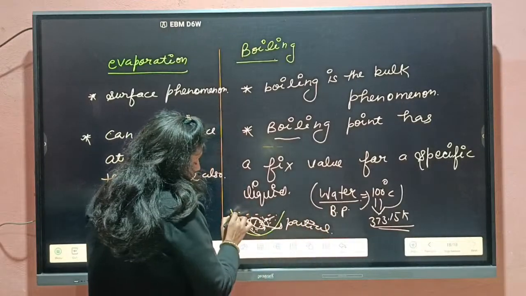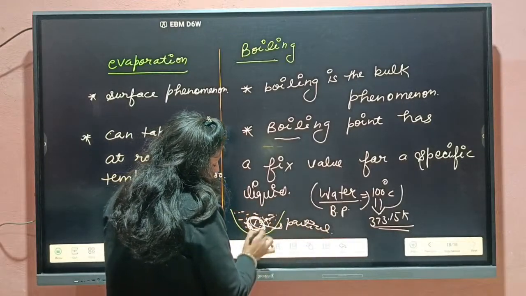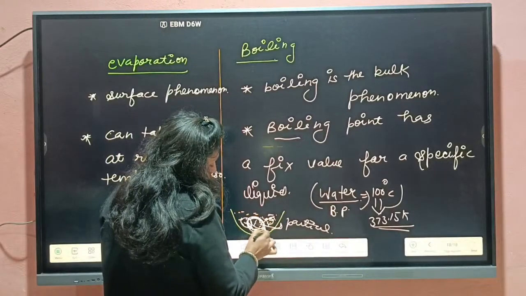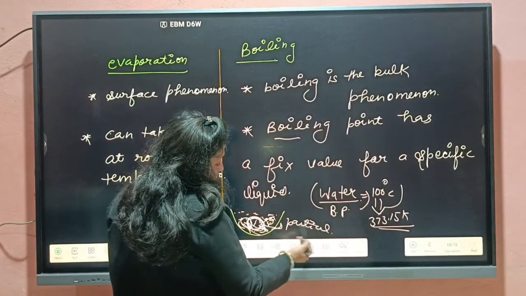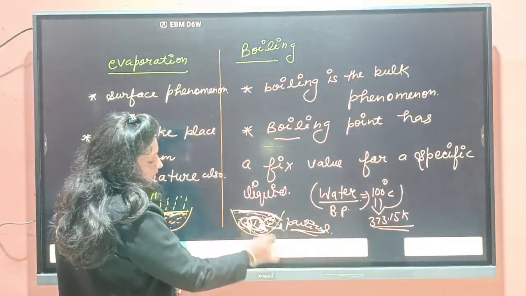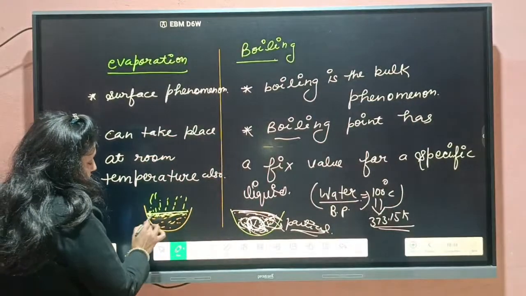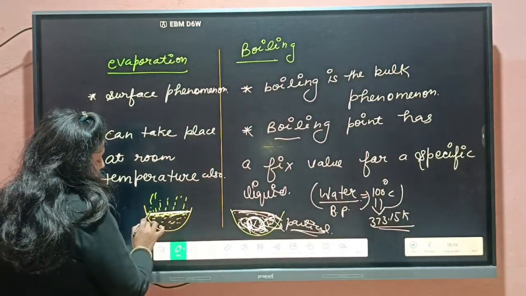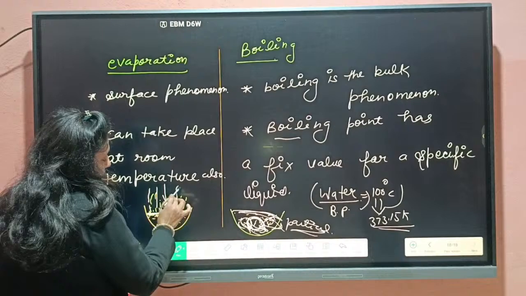It is the surface molecules as well as the particles which are present in the middle, they also participate. So that's why we can say boiling is a bulk phenomenon, but evaporation is a surface phenomenon. Particles of the surface evaporate first.